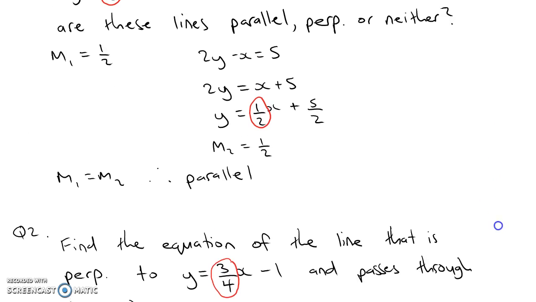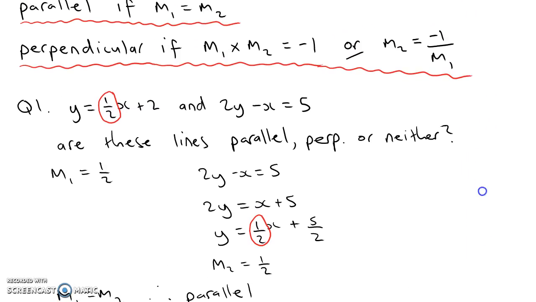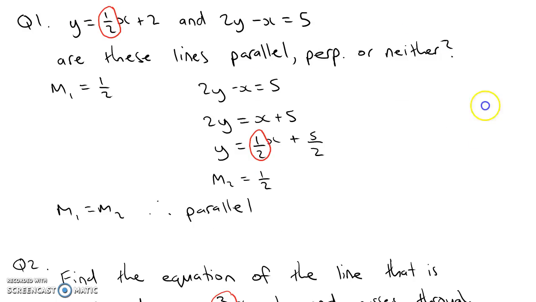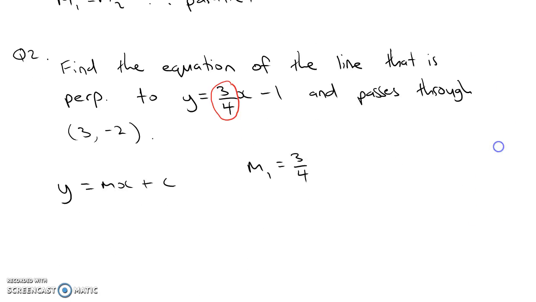Coming back to our rule, we know for two lines to be perpendicular, m1 times m2 needs to equal -1, or in other words, if we rearrange that, m2, so the gradient of the second line, is equal to -1 over m1.